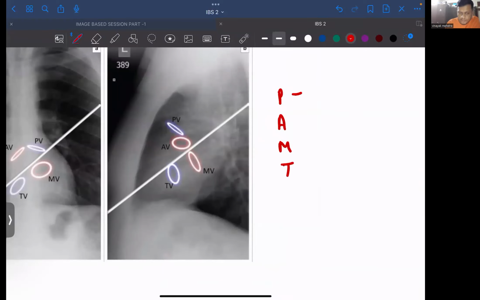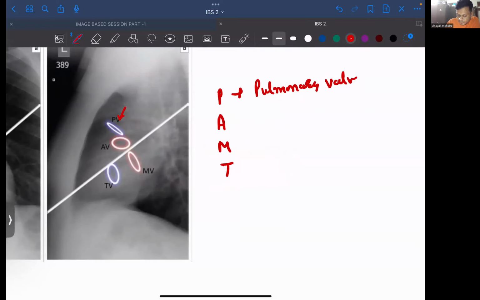PAMT. Okay, the most superior valve is the pulmonary valve. A for aortic valve, M for mitral valve.